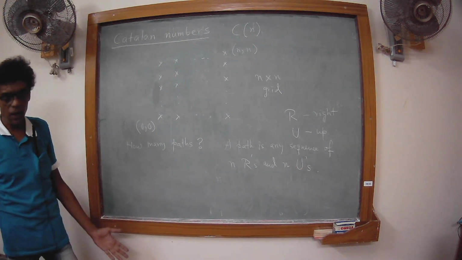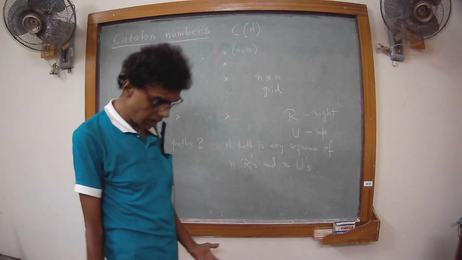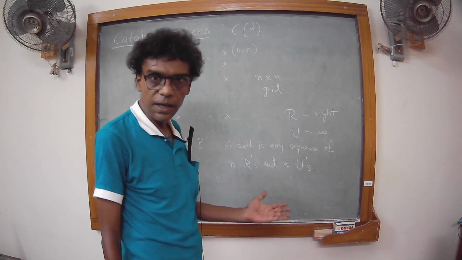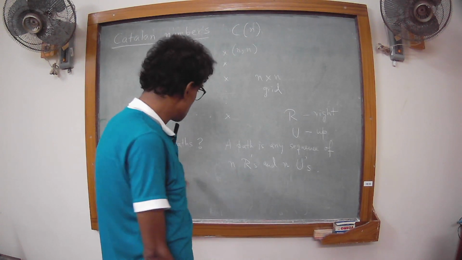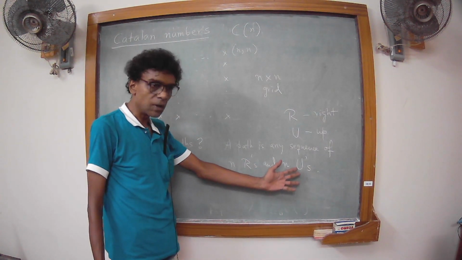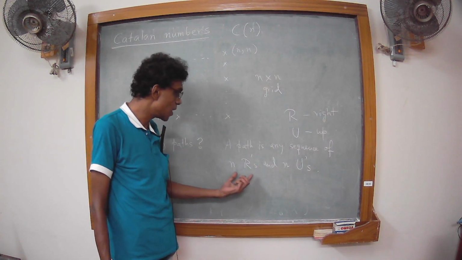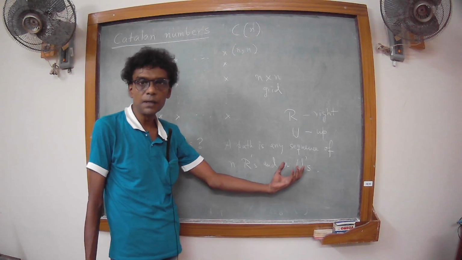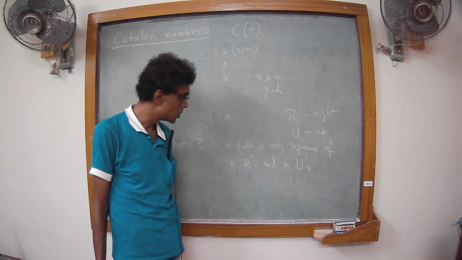So there is a total of 2n symbols, R's and U's, out of which you can choose any n as R's. The remaining positions will be U's.